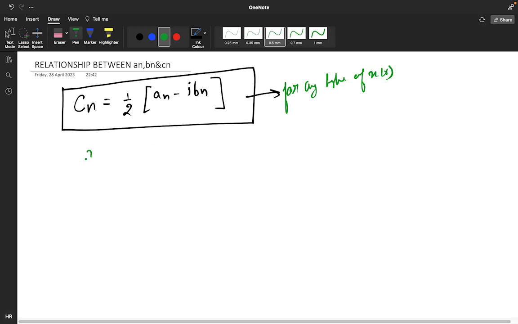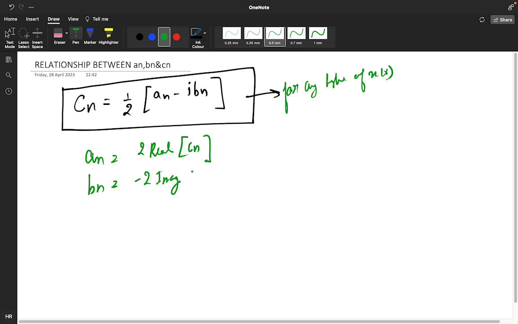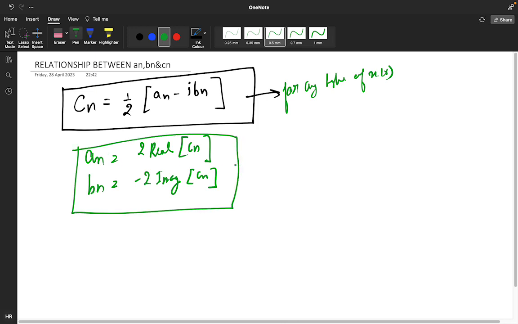Okay, and an is equal to 2 real of cn, and bn is equal to minus 2 imaginary of cn, and this is valid for only real signal.